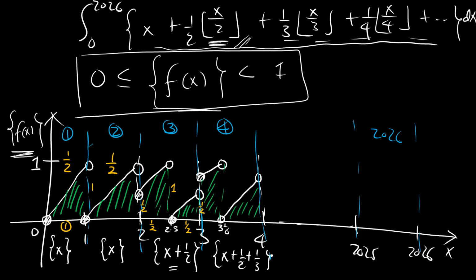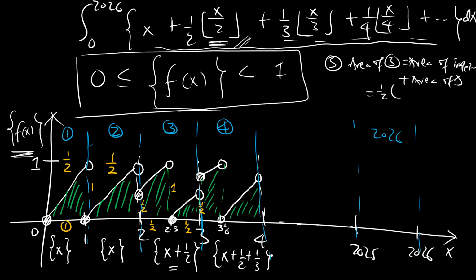So the area of 3 is equal to the area of the trapezium plus the area of the triangle, which is equal to a half times (a plus b) times height. A is 1, b is a half, height is a half, plus the area of the triangle, which is a half times base times height, which is a half, a half, a half.